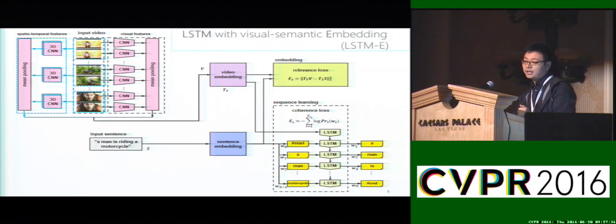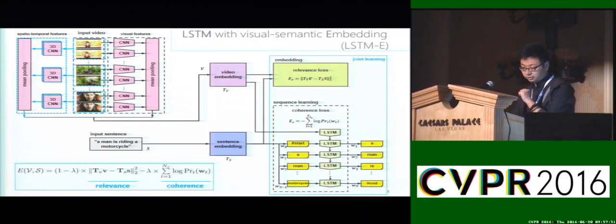Here, LSTM for sentence generation and a visual semantic embedding to measure the relationship between the sentence and the video content are jointly optimized in this whole framework. The spirit of our LSTM-E is to generate the sentence from the viewpoint of mutual reinforcement between the relevance and the coherence.